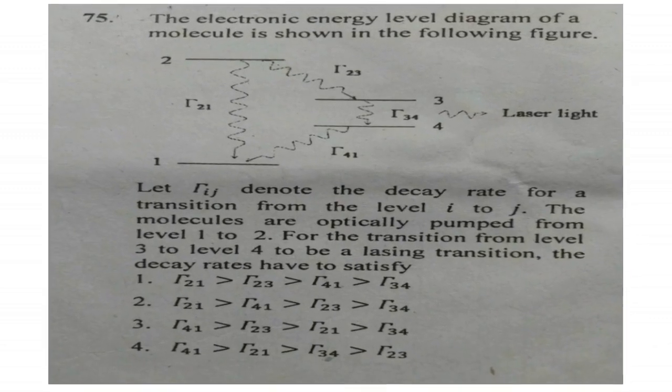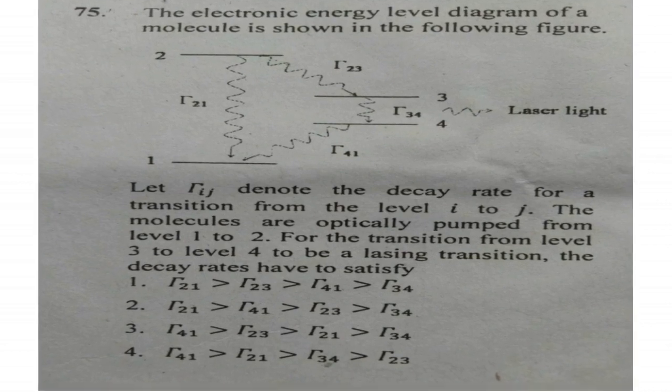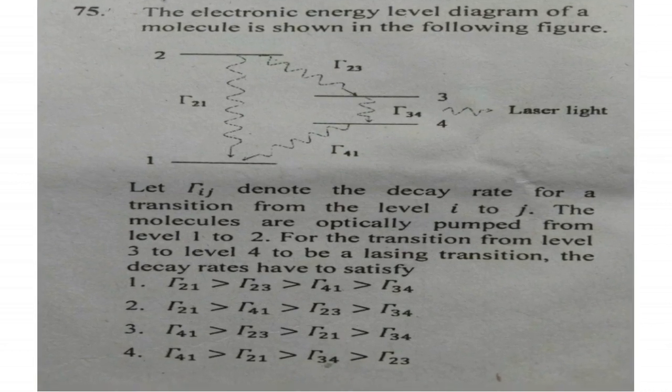Now the last question of this video is, the electronic energy level diagram of a molecule is shown in the following figure. Now here you can see the energy level diagram of a laser. Now let gamma ij denote the decay rate for the transition from level i to j. The molecules are optically pumped from level 1 to 2. For the transition from level 3 to level 4 to be a lasing transition, the decay rates have to satisfy.